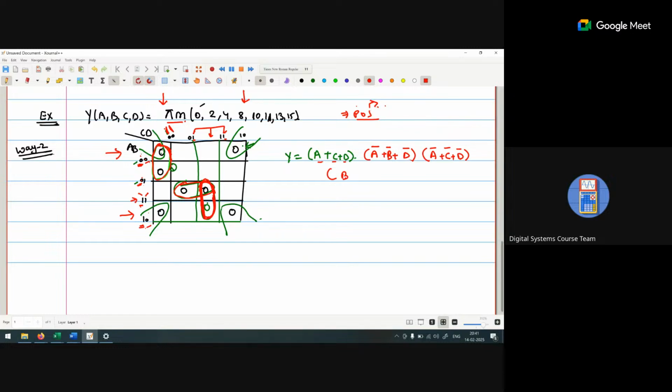If we go with the columns, C value is 0 and 1, changed, but D value is 0 and 0. So B and D both terms are available. Sign is plus. The value of B is 0, so only B, and the value of D is also 0, so only D. Clear?